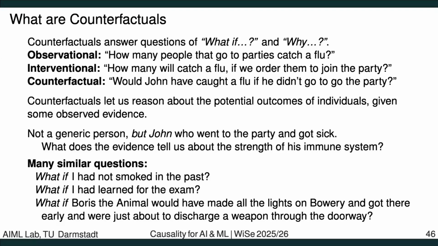Yeah. So we've said all of this, many similar questions. What if I had learned for the exam? What if I had not smoked in the past? Or what if I had smoked in the past? And yeah, really, it's always about individuals.